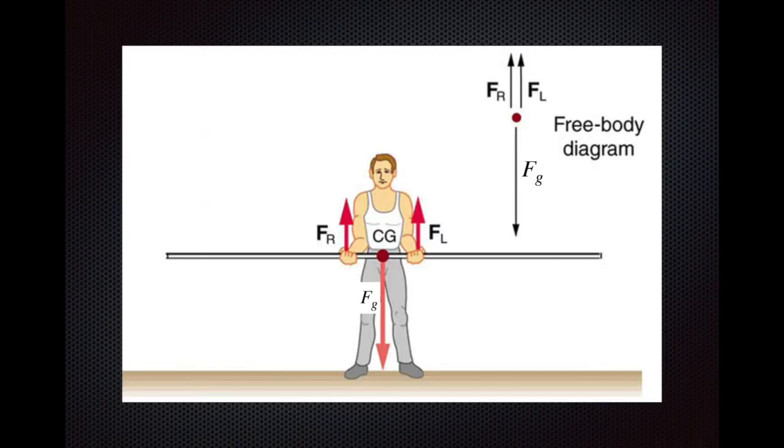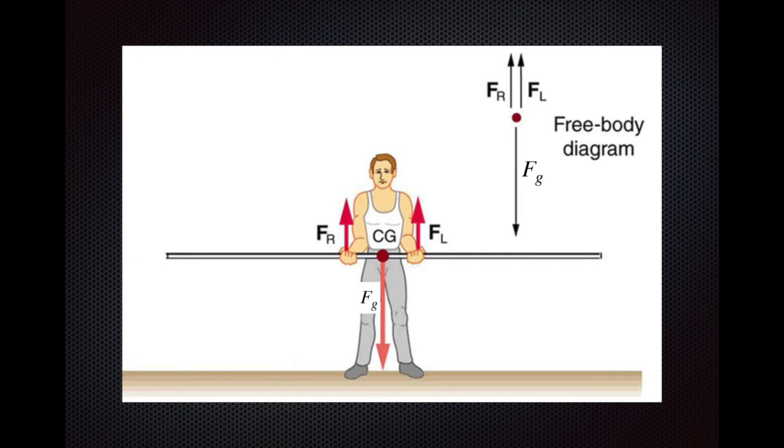So here's an extended free body diagram for that example video that I just showed, and this guy here is supposed to be a kind of sad-looking pole vaulter, as I mentioned in the video.